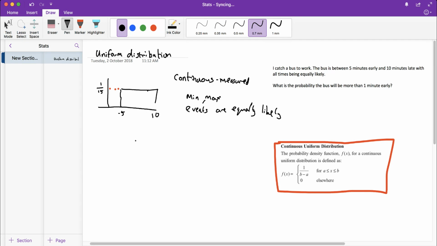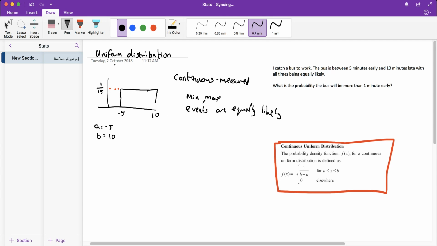It doesn't matter how you work it out: my minimum is minus 5, so a is minus 5, and my maximum is 10. So 10 minus minus 5 is 15. If I treated it as 0 and 15, or whatever other numbers you chose to use, my interval is still 15 wide, therefore my height is 1/15.